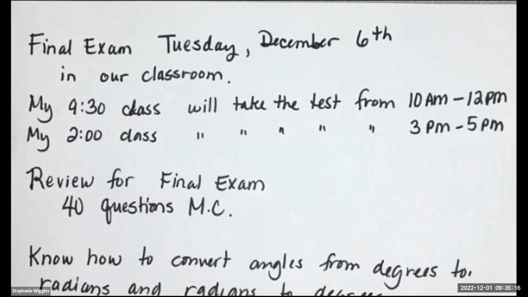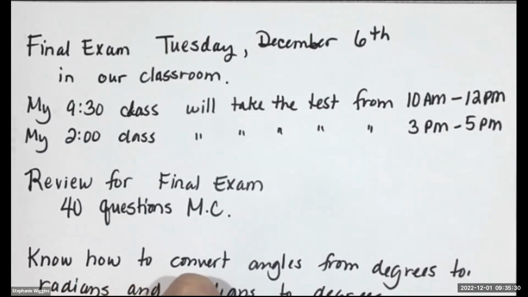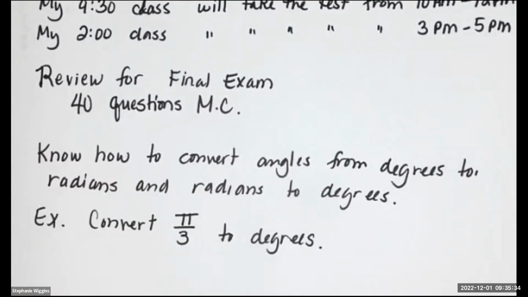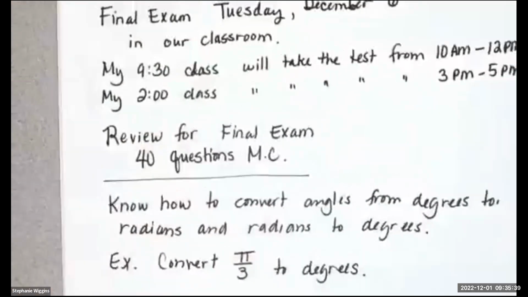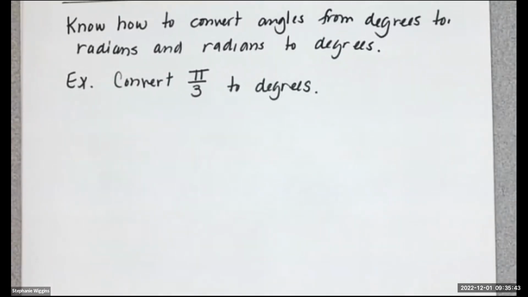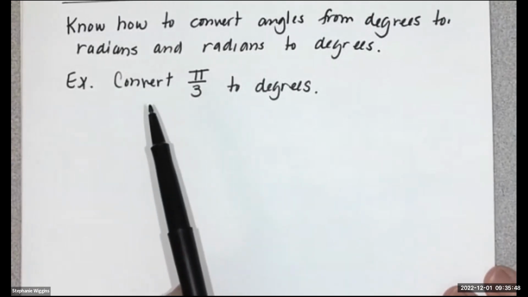So for example, if you're given an angle in radians, suppose you want to convert pi over 3 to degrees. Okay. So know how to convert angles from degrees to radians and radians to degrees.